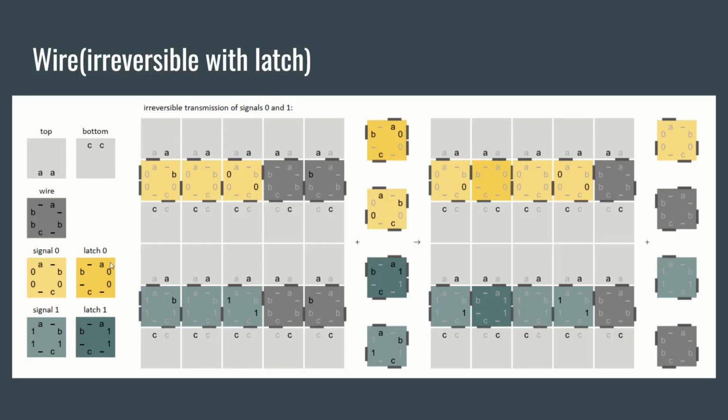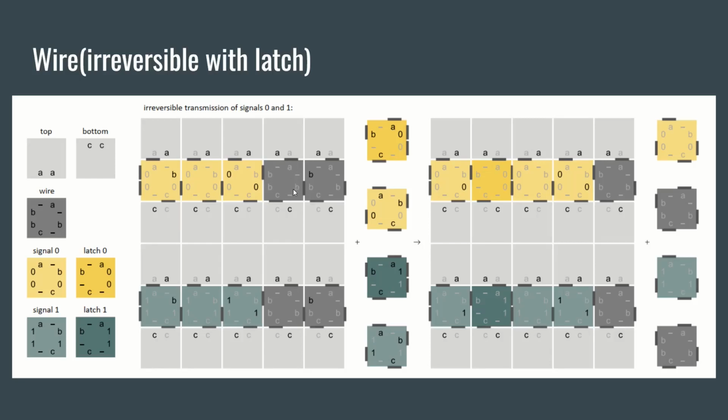Signal zero has another tile which is latch zero. Signal one has another tile which is latch one. Here you can see that when the signal is propagating from left to right, here is the latch signal, and here is the signal zero. This latch signal connects to the middle of these two tiles, and the signal tile replaces this wire tile.